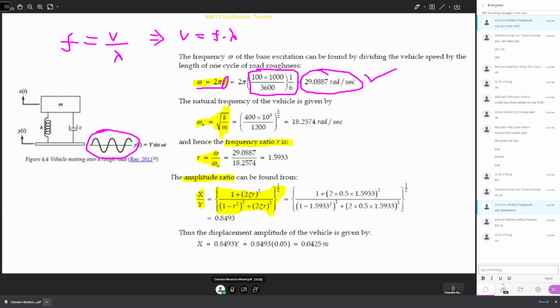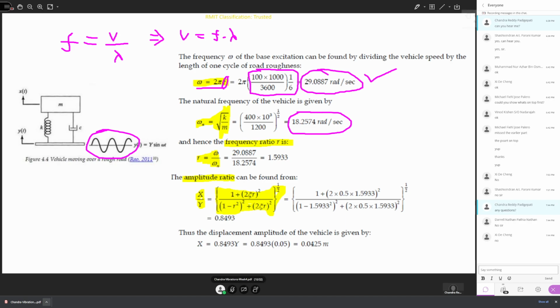Then we can calculate the natural frequency of the vehicle, omega n equals the square root of k by m. K is the stiffness constant, given as 400 kilonewtons per meter, and the mass is given as 1200 kilograms. Once you calculate this, you get the natural frequency of the system.